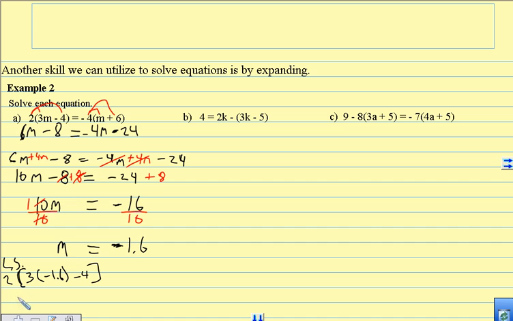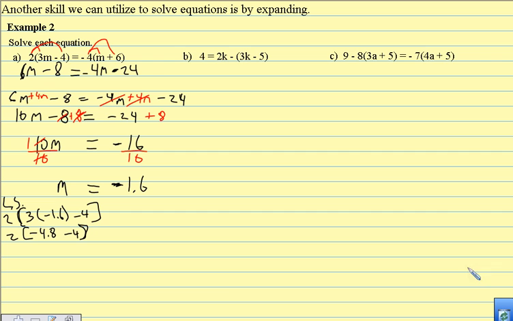Well, 2 times 3 times negative 1.6 is negative 4.8. Minus 4. Square brackets here. And then negative 4.8 minus 4 is going to be negative 8.8.